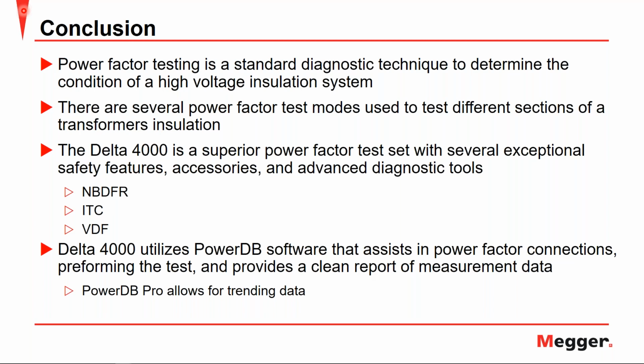The Delta 4000 is a superior power factor test set with several exceptional safety features, accessories, and advanced diagnostic tools, which we just covered, including the narrowband dielectric frequency response, individual temperature control, and a voltage dependence factor. Finally, the Delta 4000 utilizes the PowerDB software that assists with the power factor connections, performing the test, and provides a clean report of your measurement data. And as we saw, the PowerDB Pro has the strong ability for trending data.